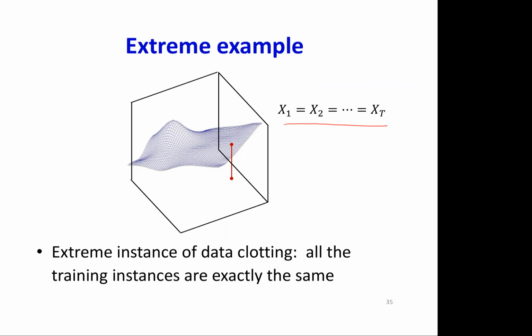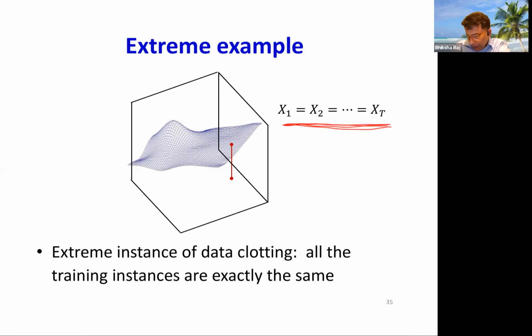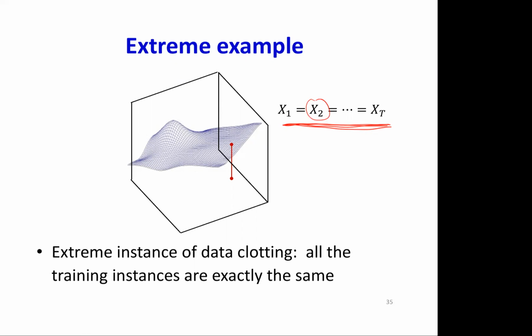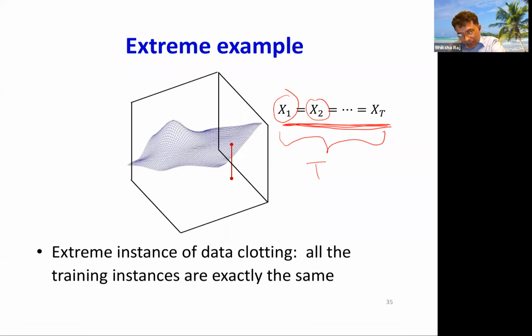It will be the same, right? So if I compute the batch gradient, is the batch gradient going to be any different from the gradient I get from an individual instance? No, right? Because they're all identical. What this means is that I have spent time T to get the result that I would have got if I had just looked at one instance.